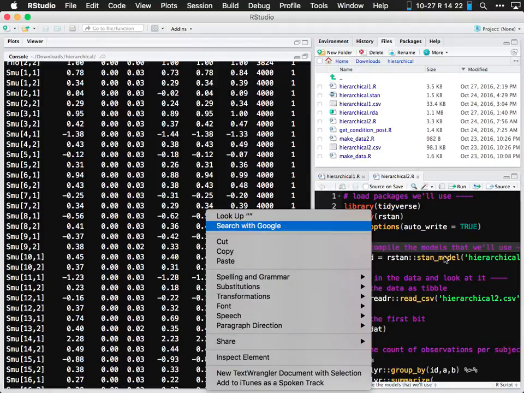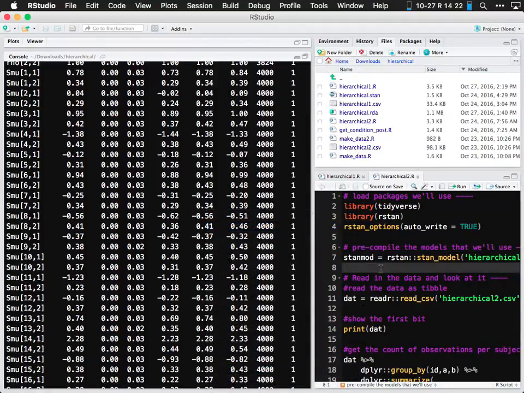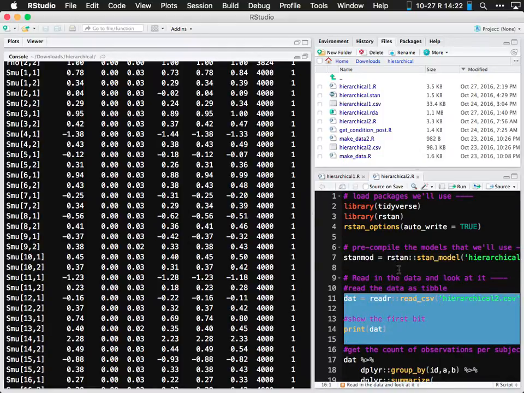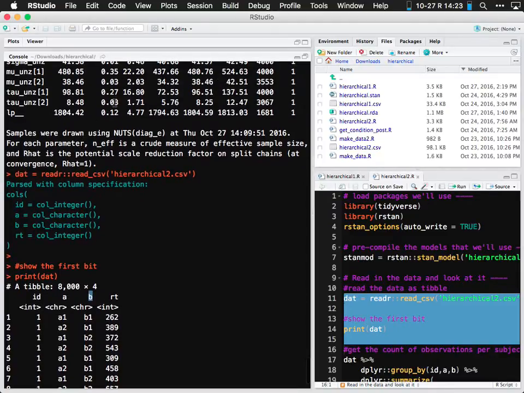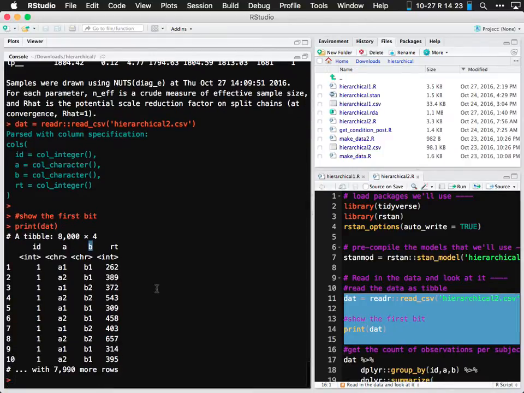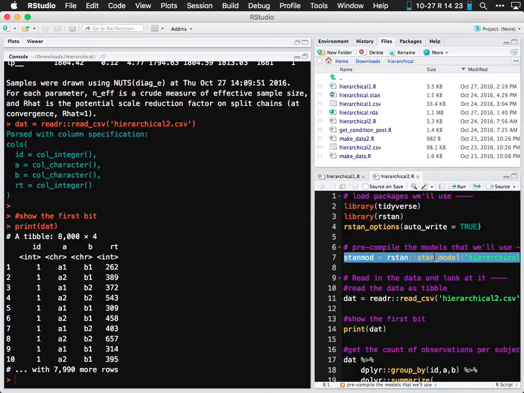So let's read in the data, and maybe it will be a little bit more straightforward. You don't actually need to recompile the model because it's already compiled. But we're going to run this. So we have 2 columns, A and B. I maybe should have called these Q and P or something, because we had the names of 2 conditions in the first example as A and B. Isn't it using a different model?